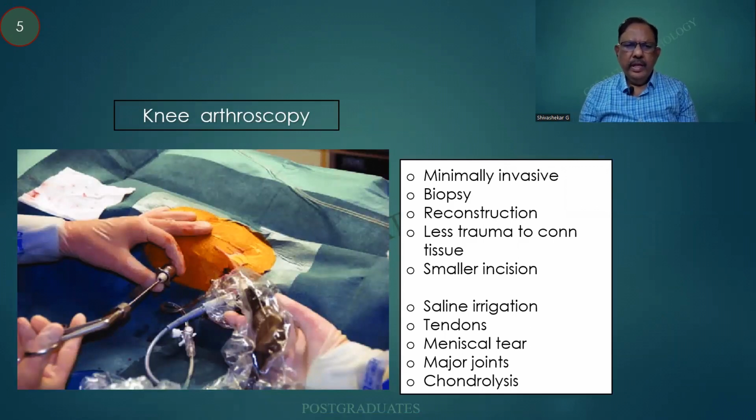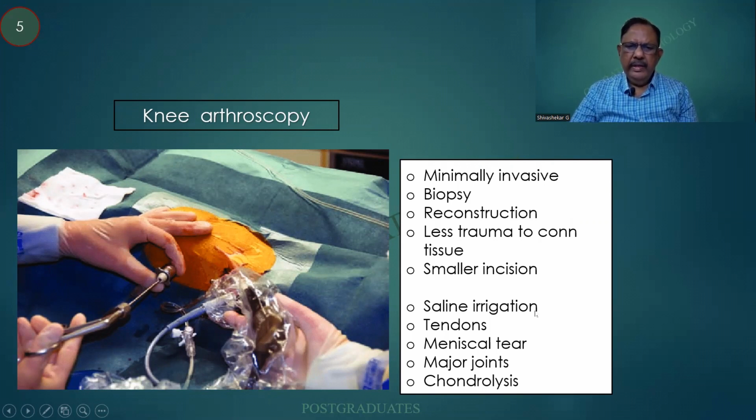Arthroscopy is a modern procedure. In fact, it has become mandatory in today's walk of life. It is minimally invasive. Biopsies can be performed by this. It can be used for reconstruction, with minimal trauma to the connective tissue within. A small incision alone is needed.